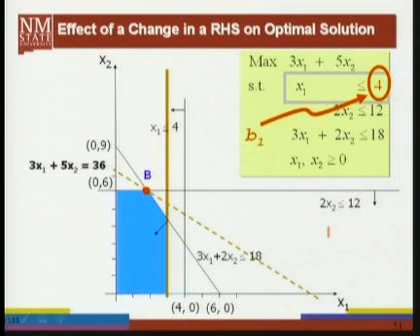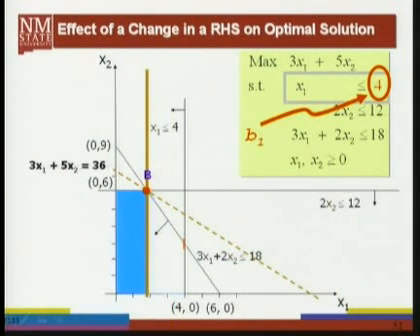If the value of B1 is decreased to 3, okay? Then we still have the same optimal solution at point B, where the plant number 2 and plant number 3 constraints are binding. Is that right?